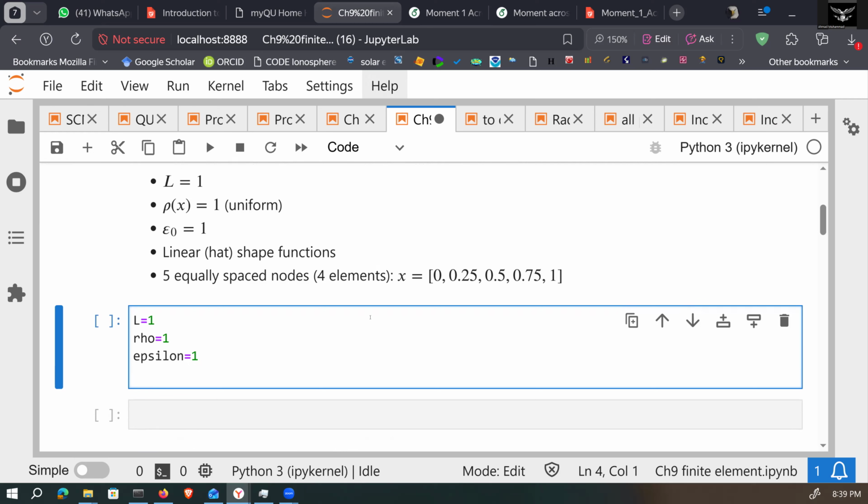I can call it just the right-hand side, f of x equals rho over epsilon.